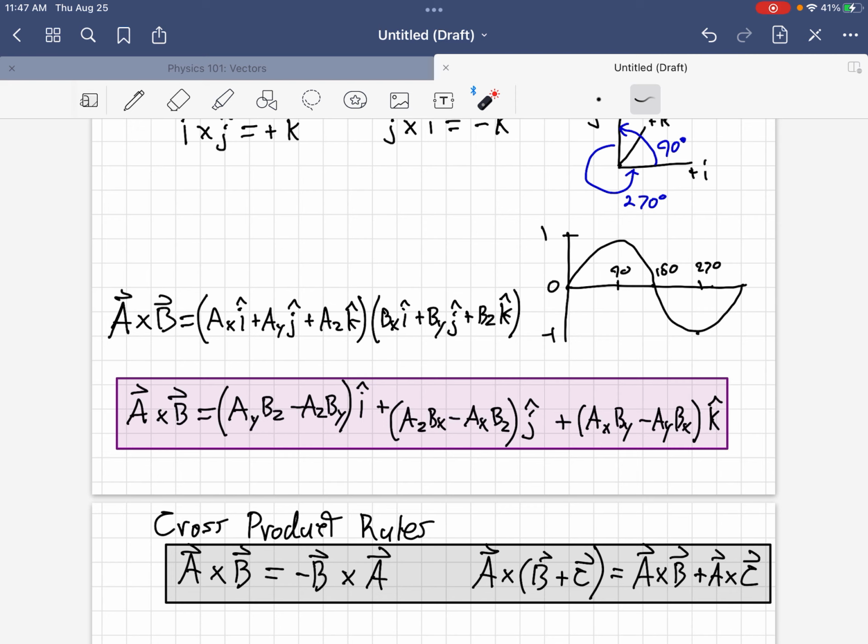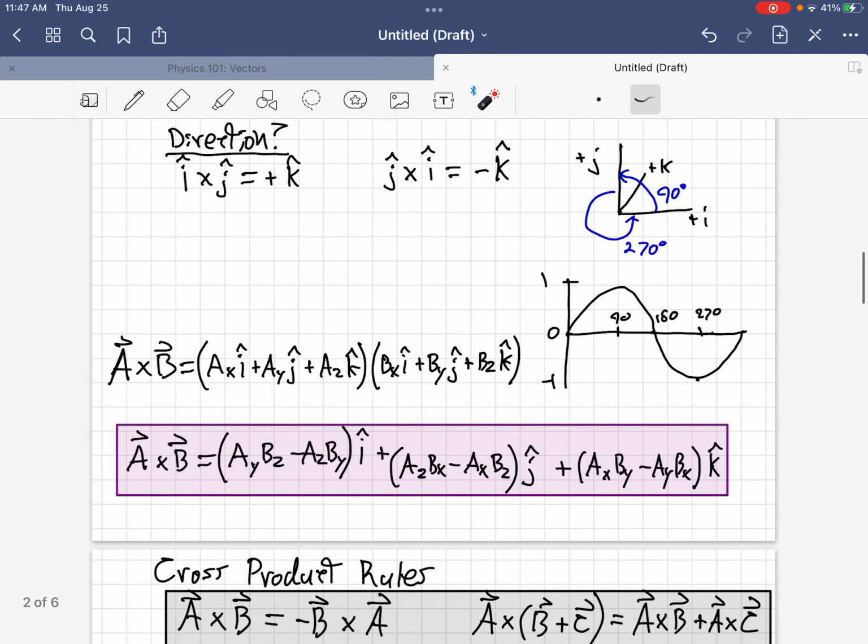But let's kind of simplify this. Let's distribute this one. What would happen? AXI times BXI, that's going to equal 0, right? And if we do AXI times BYJ, that will be positive.